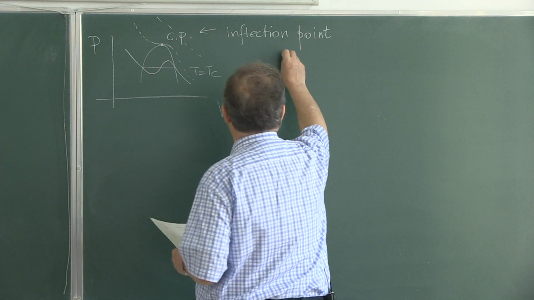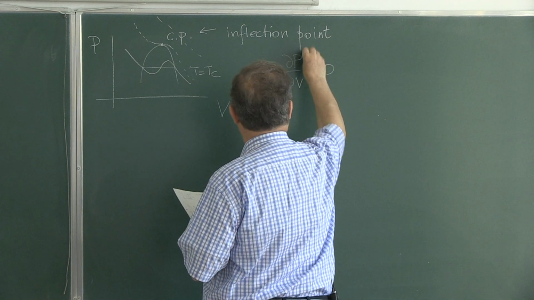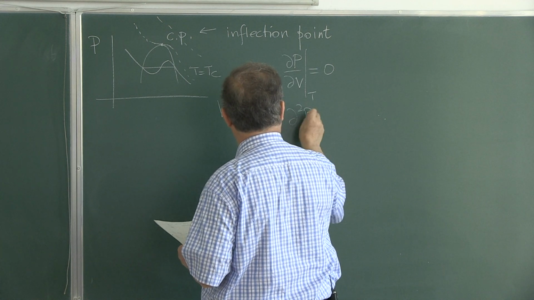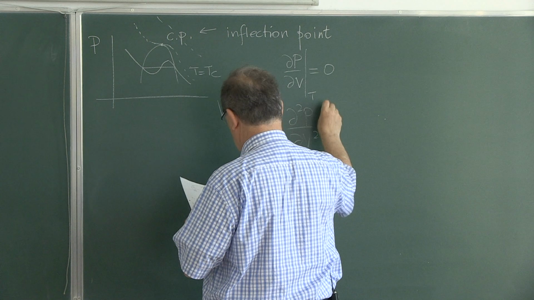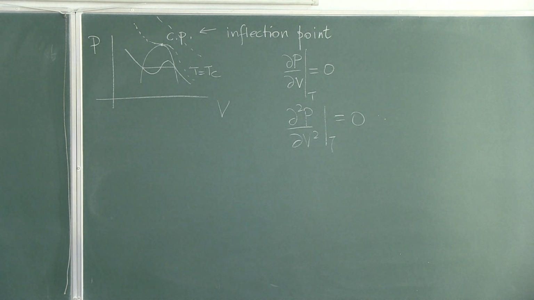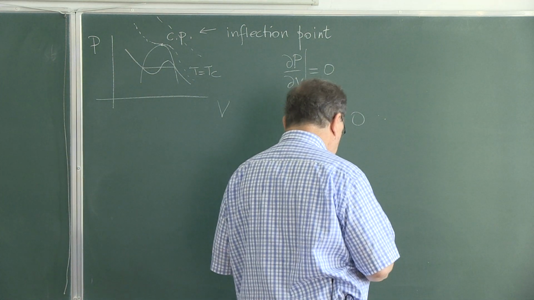That means del P, del V is 0 at constant T, and del squared P, del V squared at constant temperature is also 0. Inflection points means not only first derivative, but the second derivative is also 0. First derivative is 0 at maximum and minimum points of the function, isn't it? Here, both are 0.